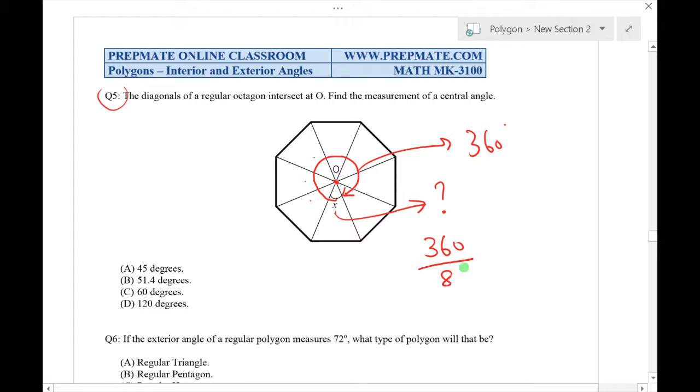Now you notice that I always write the division like a fraction, 360 over 8, because if you write a division in the form of a fraction, you can simplify it.